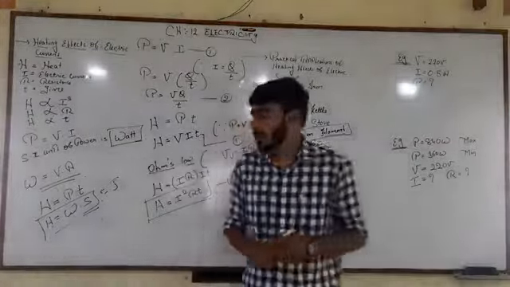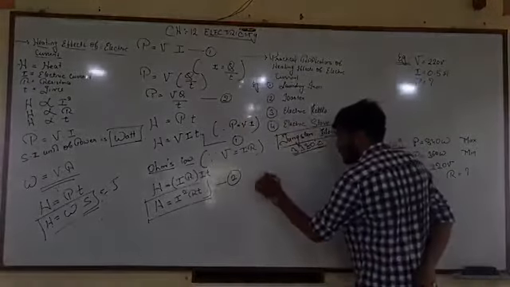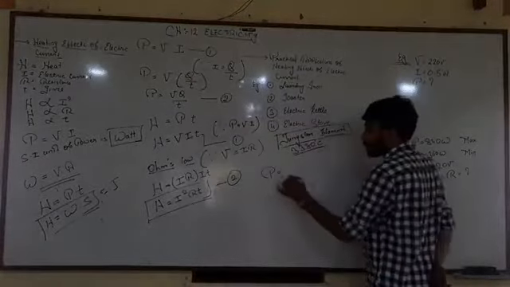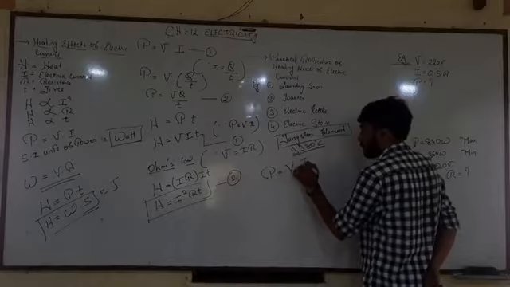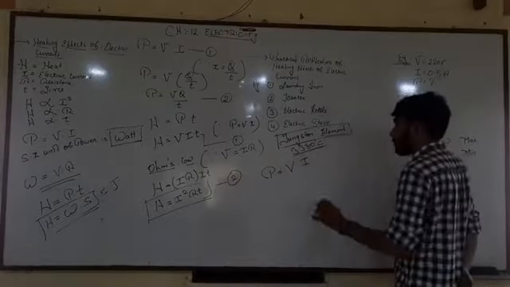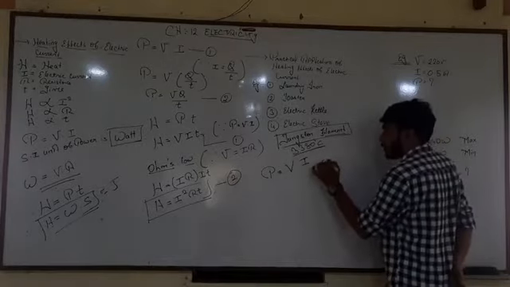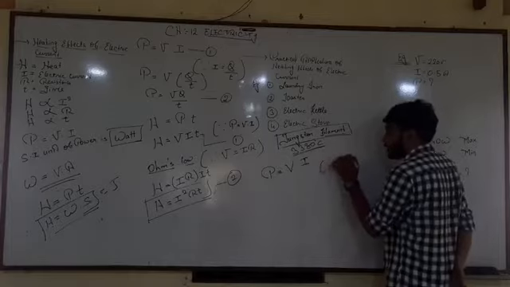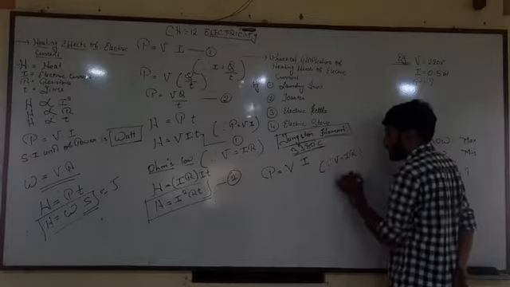As I told you students, the general formula for power is P is equals to VI. What is the general formula for Ohm's law? You can write V is equals to IR.